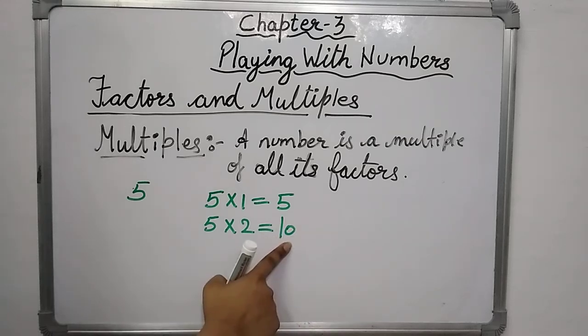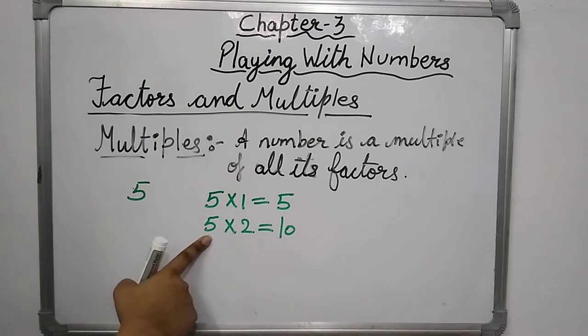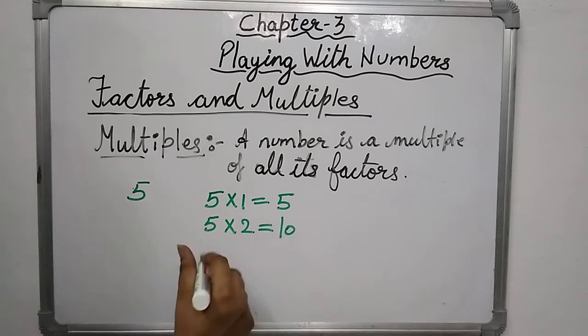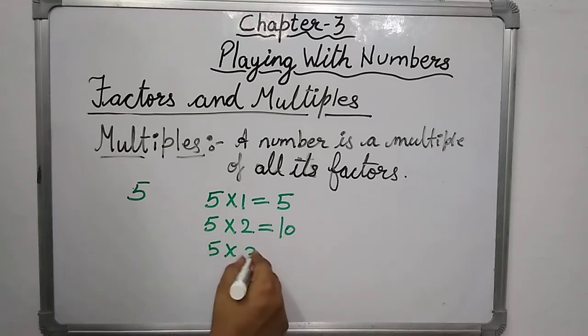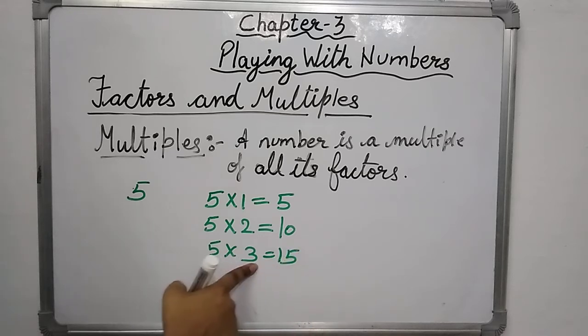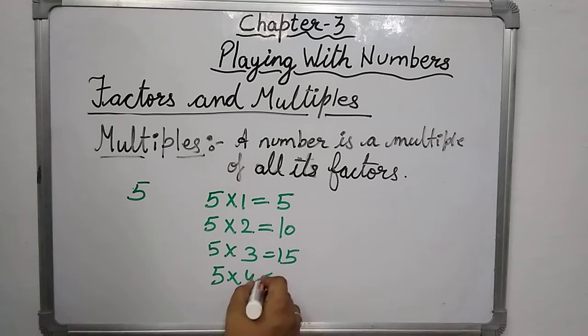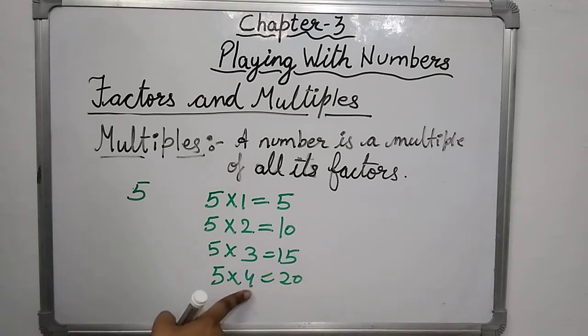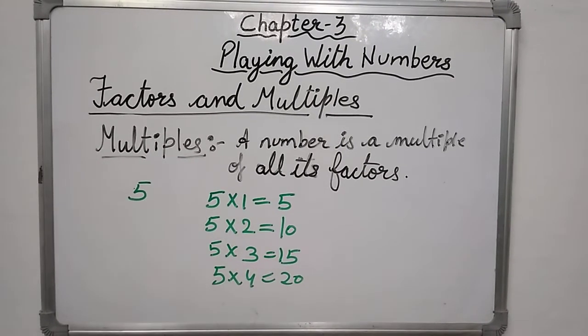This 10 is a multiple of 5, and it is the second multiple because we are multiplying it with 2. This 15 is the third multiple of 5. 20 is the fourth multiple of 5. This is how you can calculate all multiples of any given number. Hope the concept of factors and multiples both are clear.